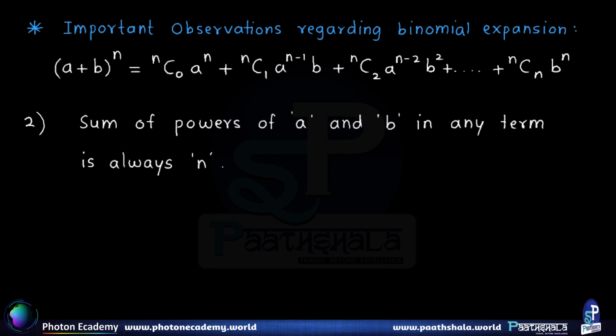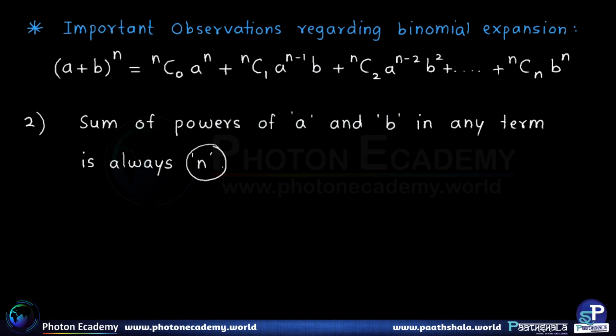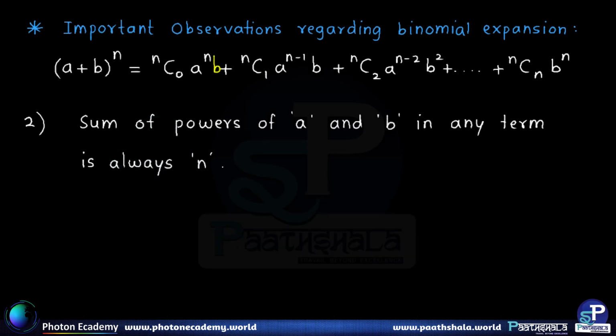Then going ahead, the sum of the powers of a and b in any term of the binomial expansion is always equal to n, that is the index to which the binomial is raised. So here, if you see in the first term, a had index n and there was no b term, so we can still visualize that as b raised to 0, isn't it?